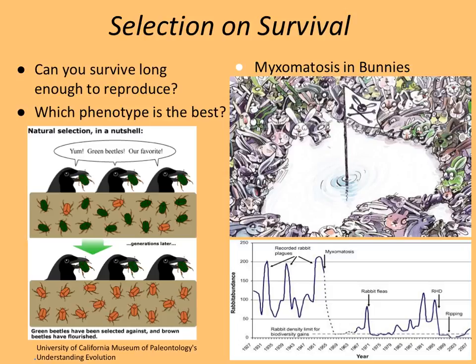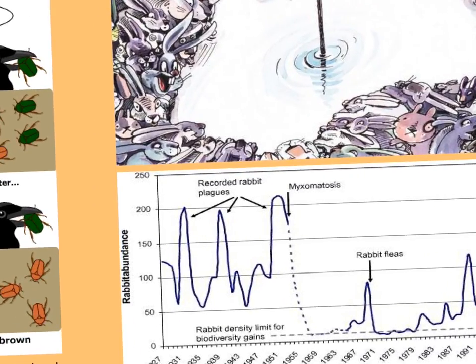They brought in a virus, and if you look on this graph right here, this is when myxomatosis was released.